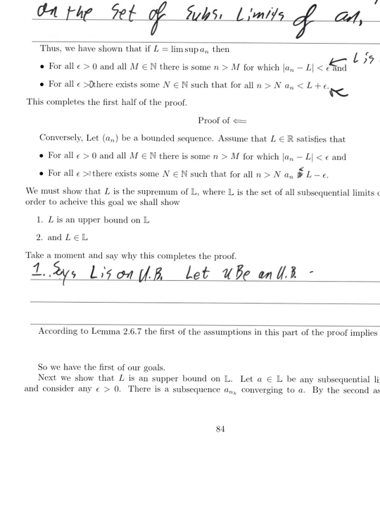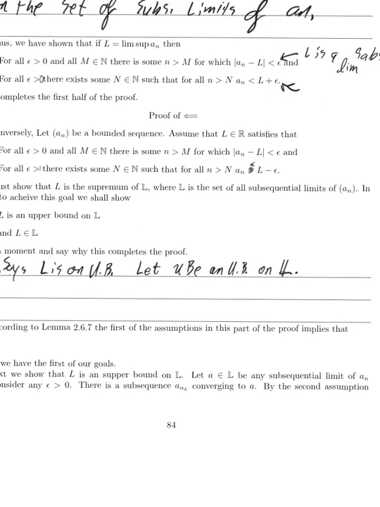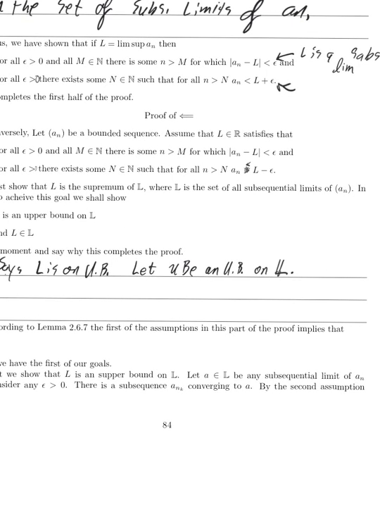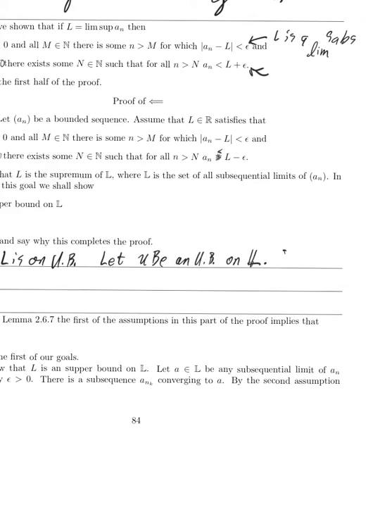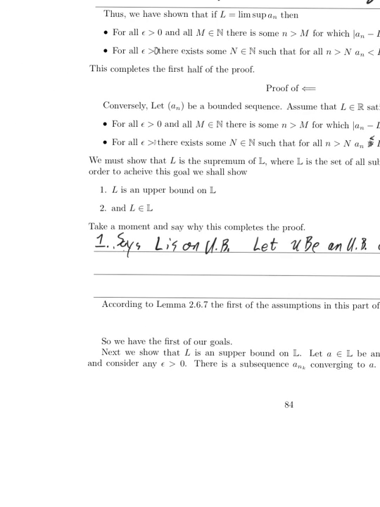And what is an upper bound on? It's an upper bound on blackboard bold L. Well, but let's see. 2 says that L is in blackboard bold L. So that means L is less than or equal to U, because U is an upper bound on the set and L is in the set.